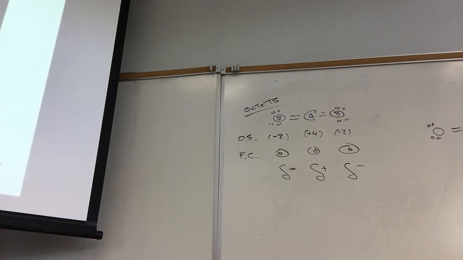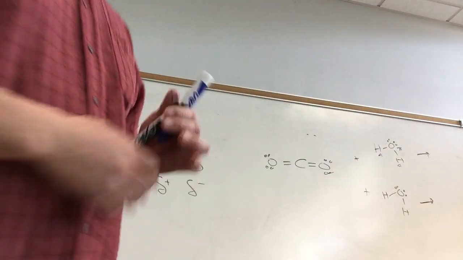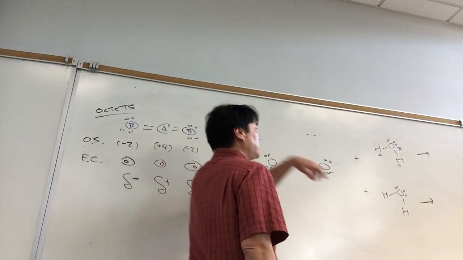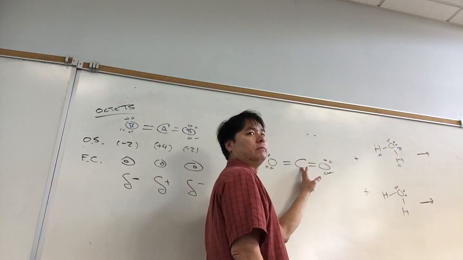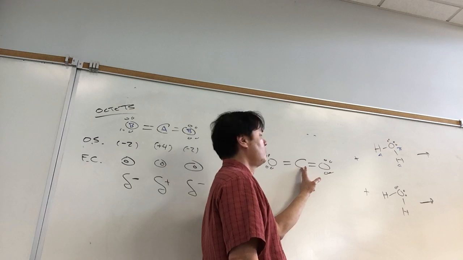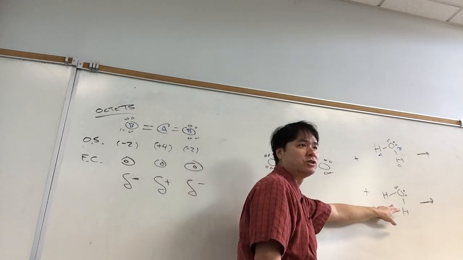Right? All right, when we say attack, that's a very common word. In Lewis acid base chemistry, we always say the base attacks the acid. And so if the base attacks the acid, then I'd say water attacks the carbon here. Or oxygen in CO2 attacks the hydrogen here.